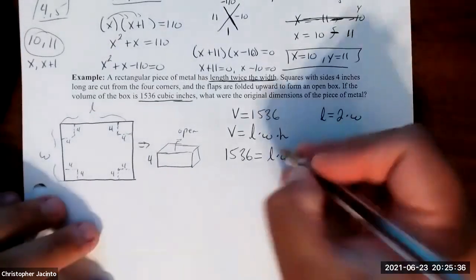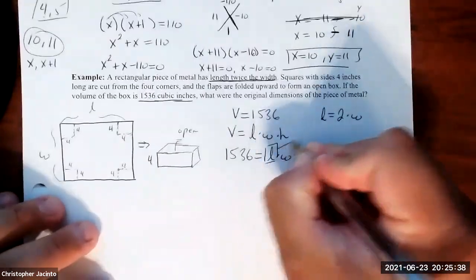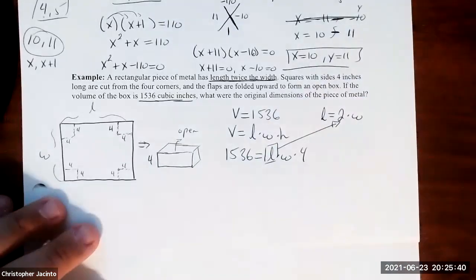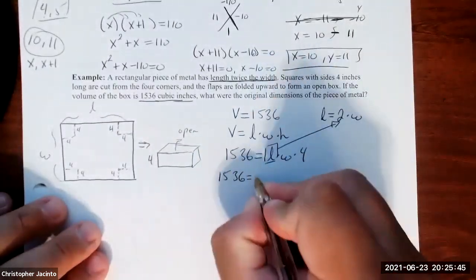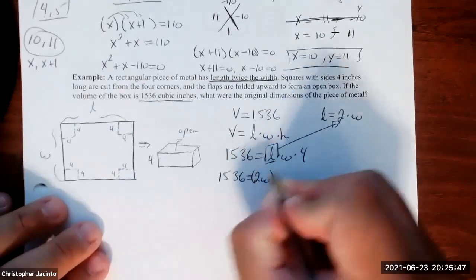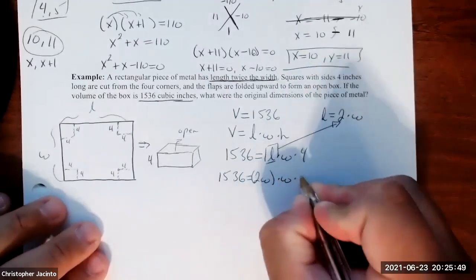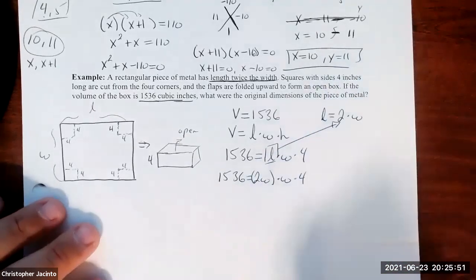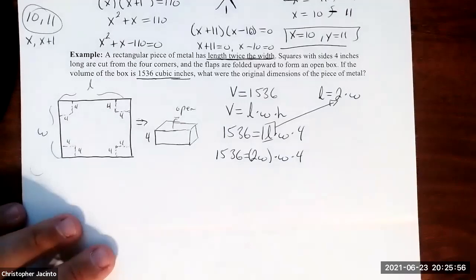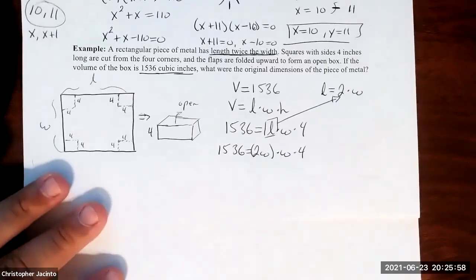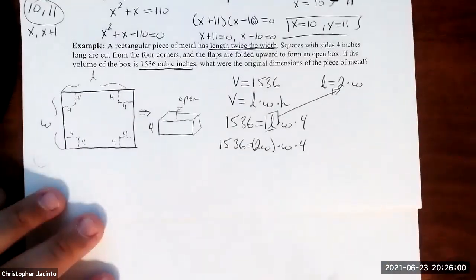So therefore, instead of an L now, I'm going to plug this in. So again, just putting this in here. So that's what L means. This is a W, and now that's a 4. Okay. So far, so good. Again, you guys are more than happy to say if you're a little confused.